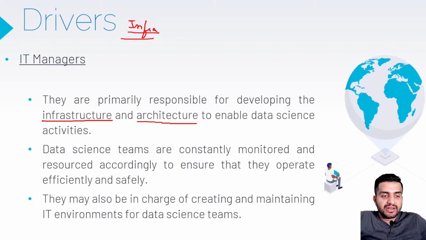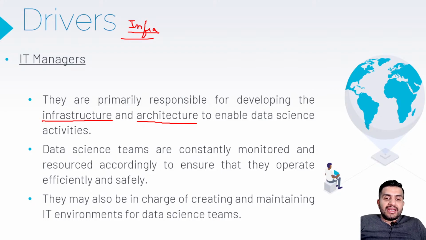And they resource accordingly to ensure that systems operate efficiently and safely. That's what they do. They may also be in charge of creating and maintaining IT environments for the data science team.